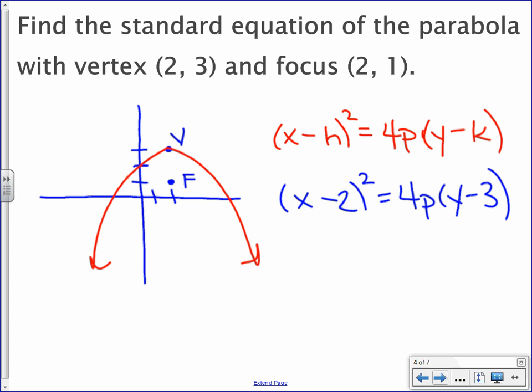Okay, Michael, do we know what our p-value is? Yeah. What is our p-value? -2. Okay. Courtney, do you agree? Why is it negative?